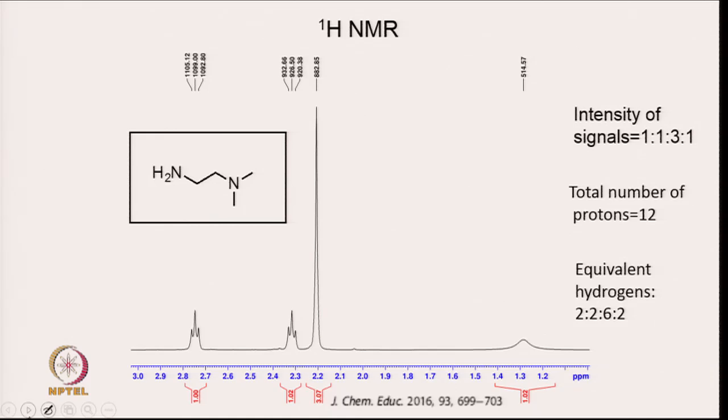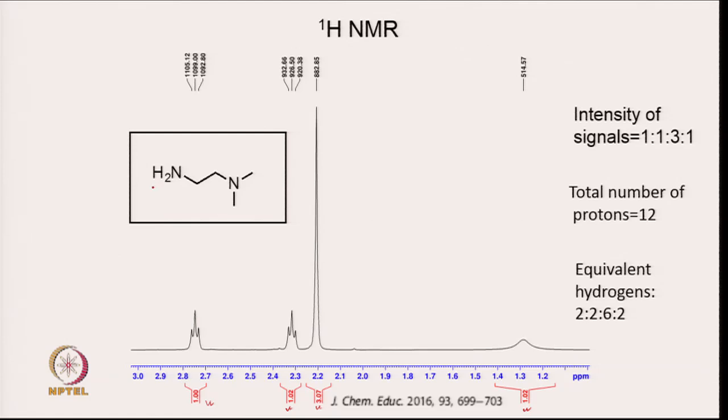Looking at the intensity of signals, this is the ratio of intensity of signals, and you can see the ratio is 1:1:3:1.